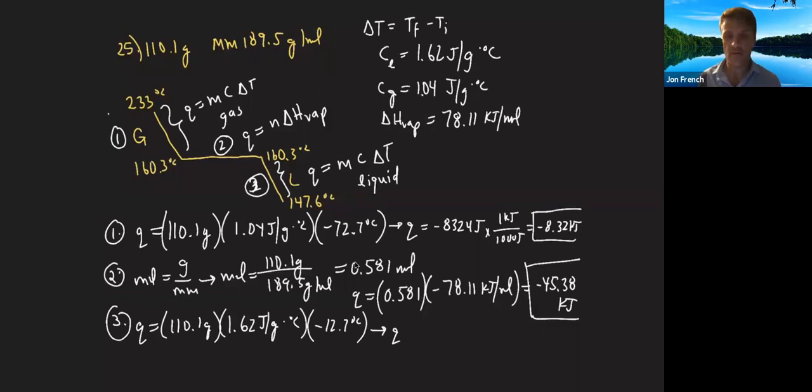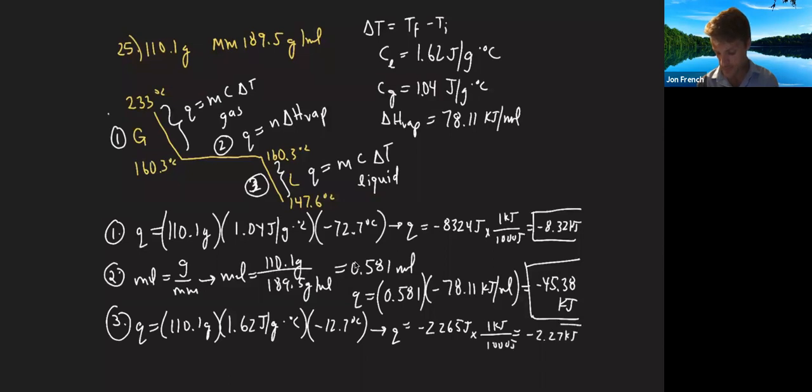Step 2 was negative 45 kilojoules. And for step 3, I multiply 110 by 1.62 by negative 12.7 and get about negative 2,265 joules. Again, they're asking for kilojoules, so I divide by 1,000 to get that step 3 is approximately negative 2.27 kilojoules.